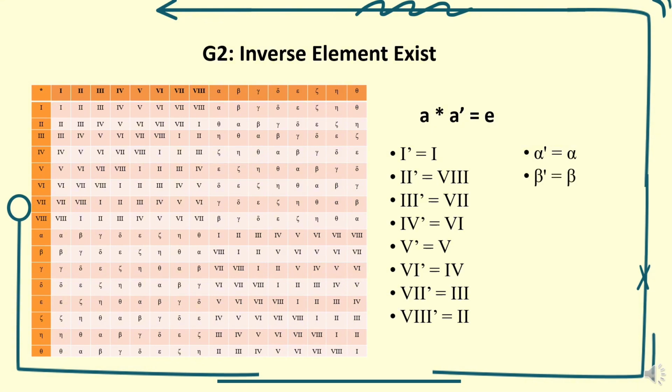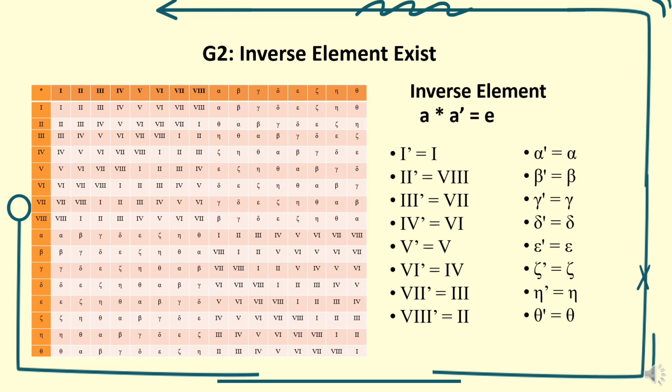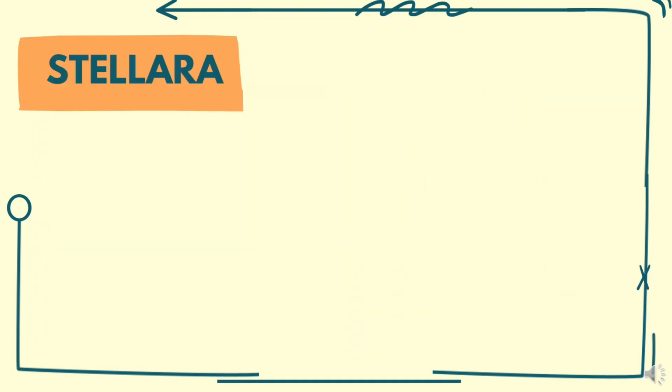So the inverse of alpha is alpha, the inverse of beta is beta, the inverse of gamma is gamma, the inverse of delta is delta, the inverse of epsilon is epsilon, the inverse of zeta is zeta, the inverse of eta is eta, and lastly the inverse of theta is theta. So that is the inverse element of each element.